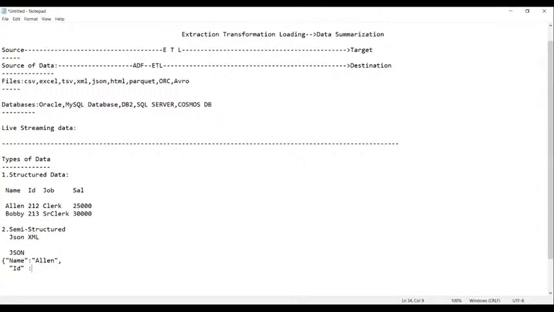If you have an ID, it will be written like this. What's the ID here? 212. As it is numeric data, it is not kept in double quotes. Then you have job. What's the job? The clerk.